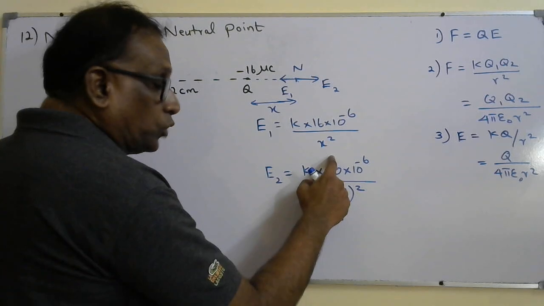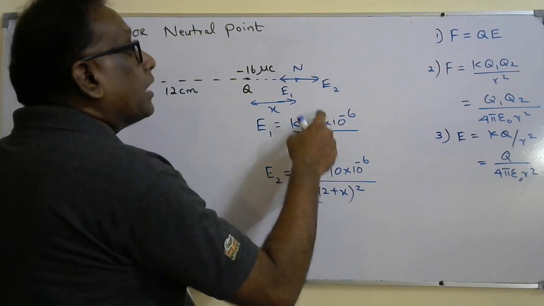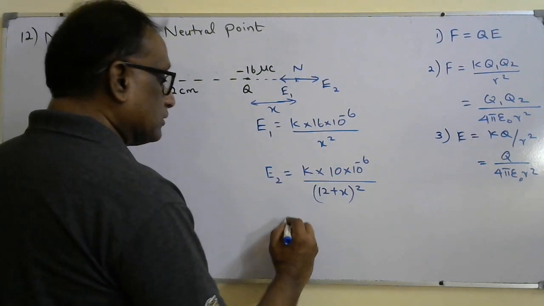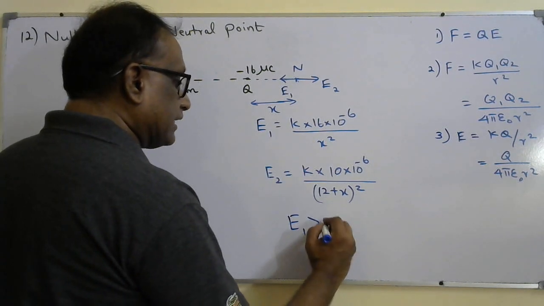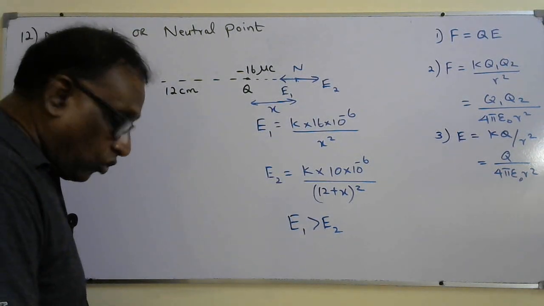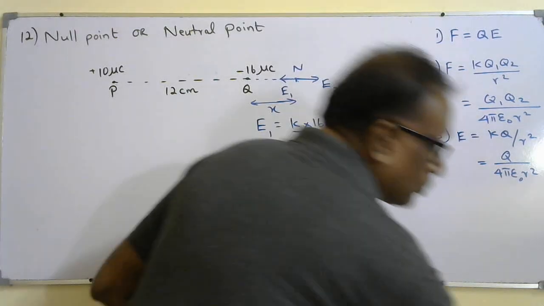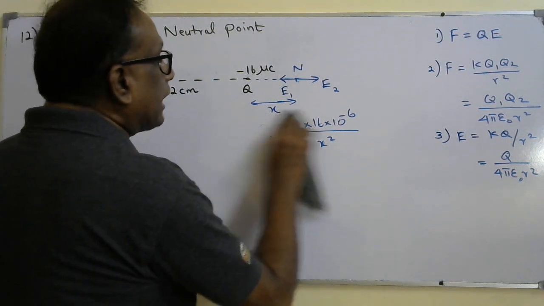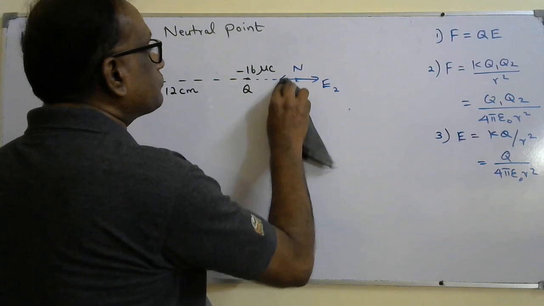Denominator larger, numerator smaller here; numerator larger, denominator smaller there. So clearly E1 is greater than E2. So on the right side of Q, there won't be a null point. From that I can conclude there can't be a null point on the right side.